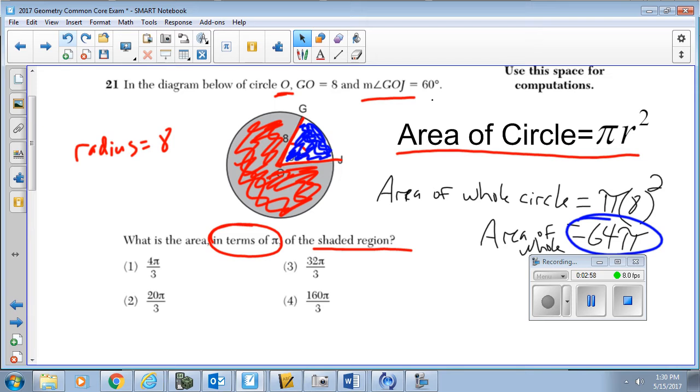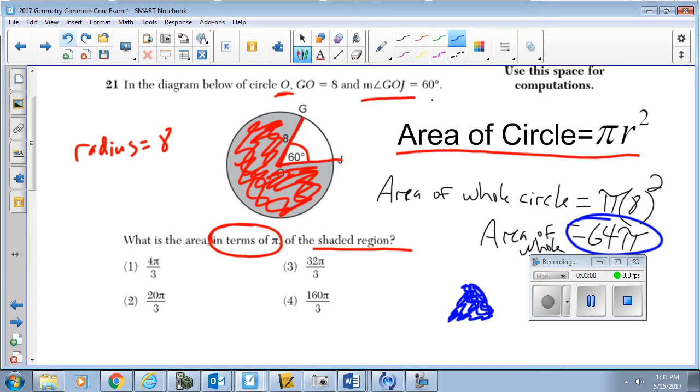So, a couple of things. We know that this angle is 60 degrees. You also know that in an entire circle, the angles are going to add up to 360 degrees. So if I were to go all the way around, that would be 360.